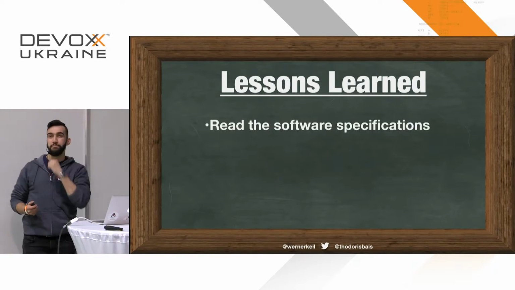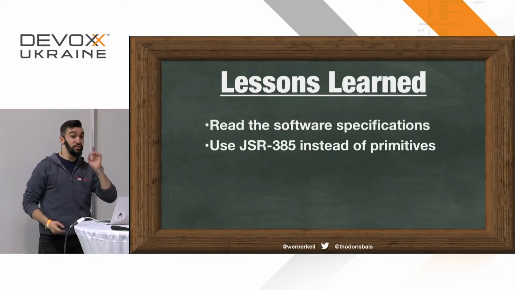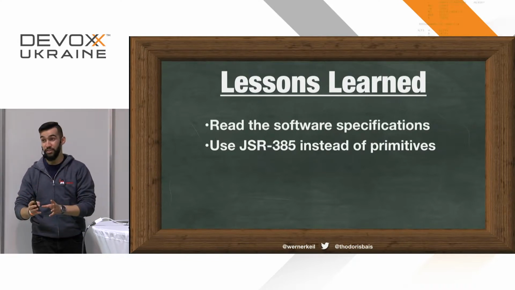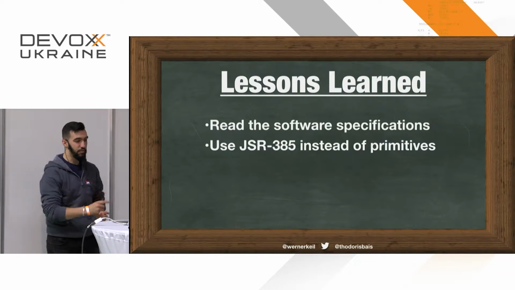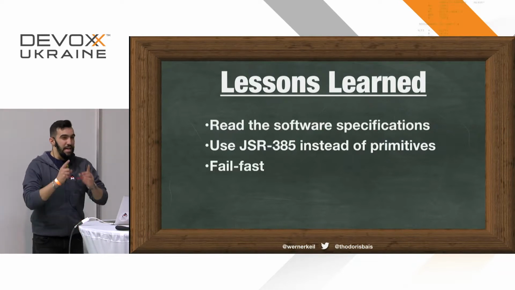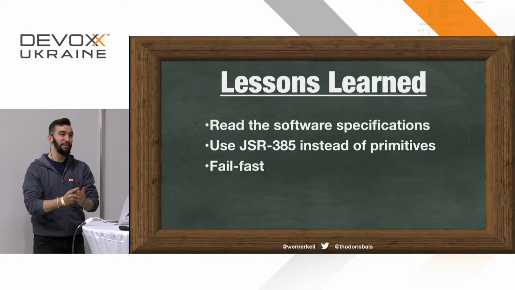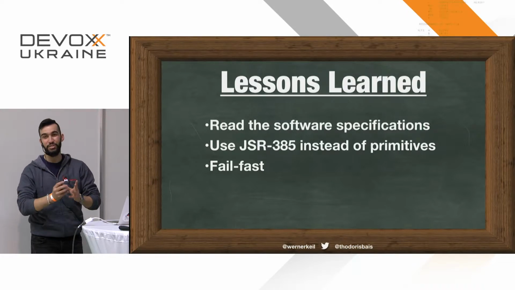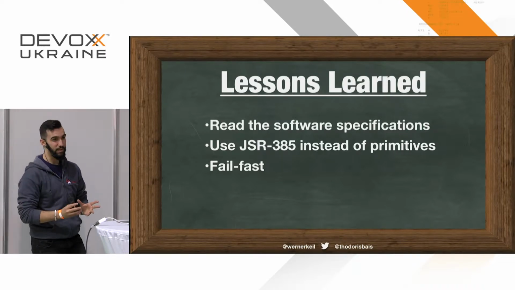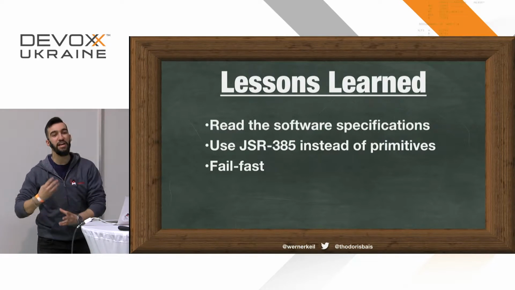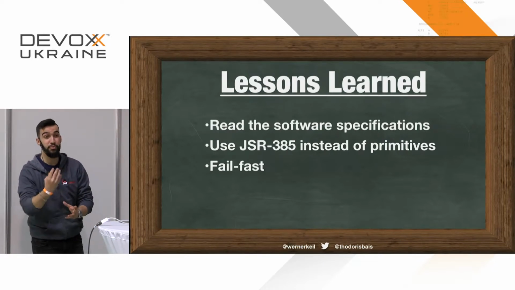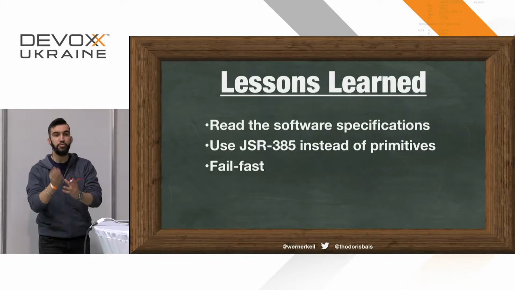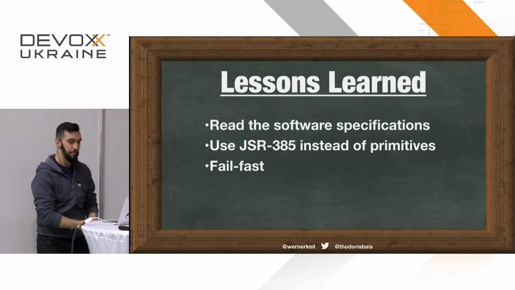So that was one. Second of all, use JSR 385 instead of primitives, right? And I will show you later on the reason, of course. Third of all, and the most important one, I would say, do fail fast, right? Do not really rely on the checks and balances to discover problems. Do fail fast. Do throw errors where you can.